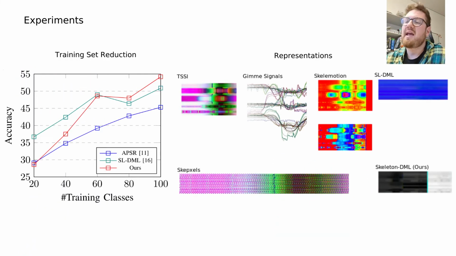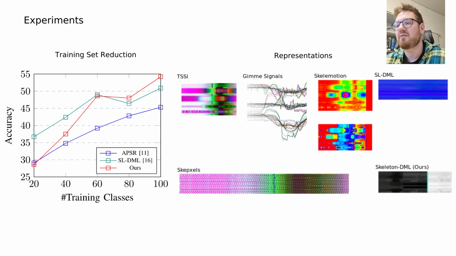We executed an extensive experiment setup with different representations like the TSSI representation, Gimme signals, scalar motion, SLDML, skip pixels, and the Skeleton-DML representation that we proposed in this paper. And we found that our approach outperforms the SLDML baseline by quite a huge margin, starting from having 80 training classes and 100 training classes.